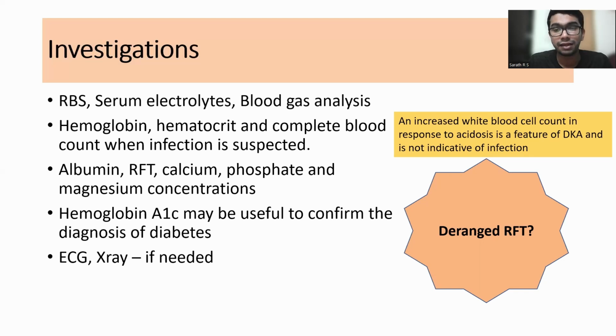So if there is a deranged RFT, we cannot add that. Always remember that if the child is passing urine and there is no previous history of chronic kidney disease, we can safely add double the amount of potassium in maintenance fluid in order to maintain normal potassium levels. You may see a urea value of around 40 or 50. That's because of a pre-renal AKI component due to dehydration.